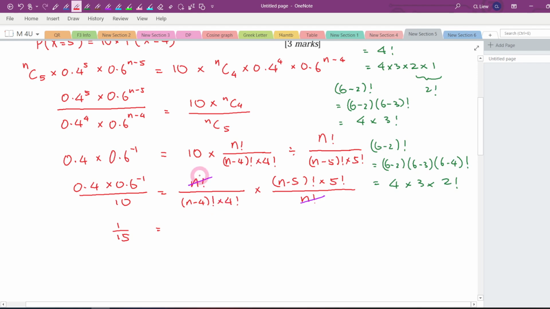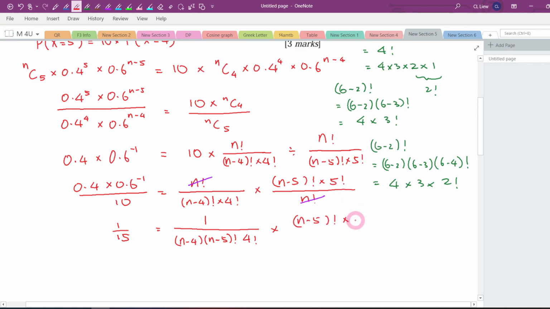Now I'm going to use this concept to help me proceed. After simplifying, I will just write 1 over here. n minus 4 factorial, I can change it to n minus 4 times n minus 5 factorial. Okay, the 4 factorial just copy first. This one I don't have to change anything because the next step I'm going to simplify this and this one. So n minus 5 factorial.